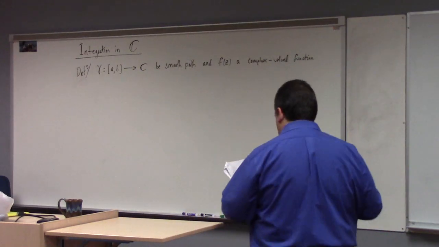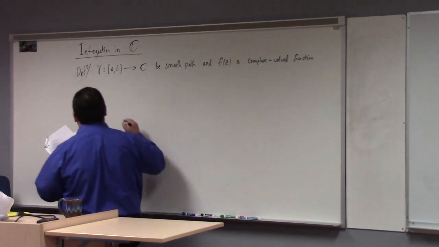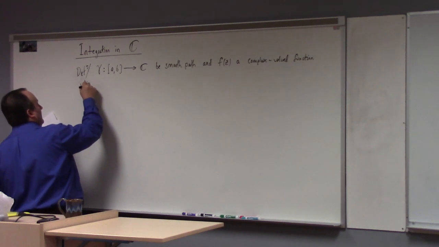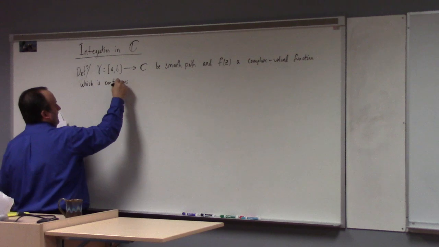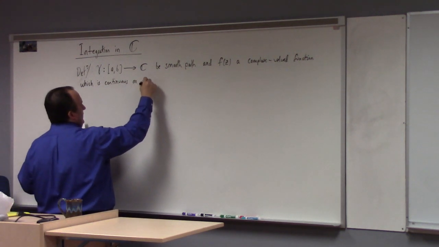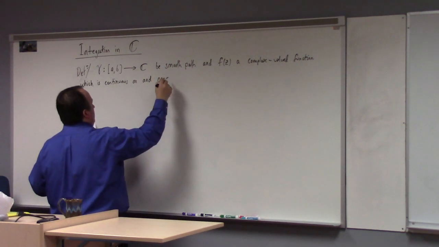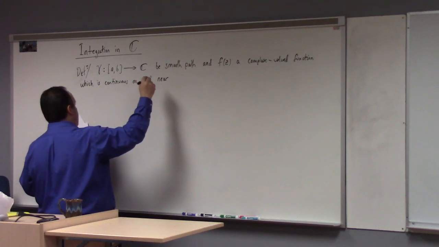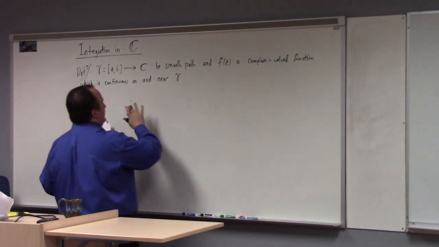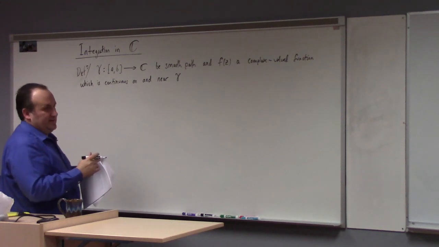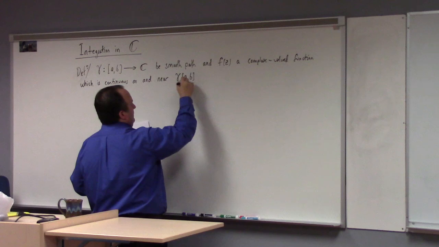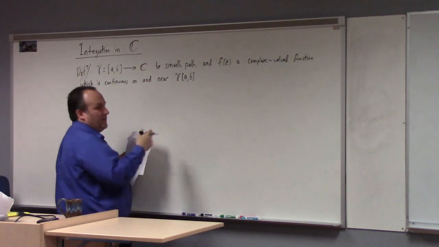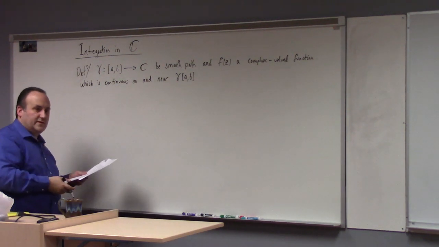F of z, a complex valued function, which is continuous on and near gamma. And of course, by near gamma, what we really mean is gamma of ab, right? This is the actual set of points that the image of the path covers.